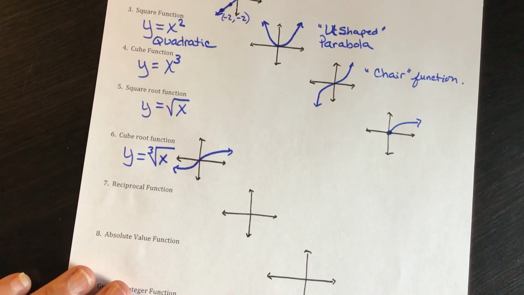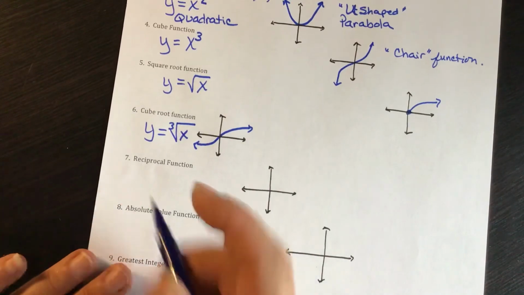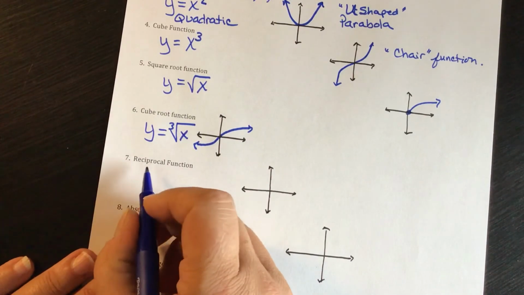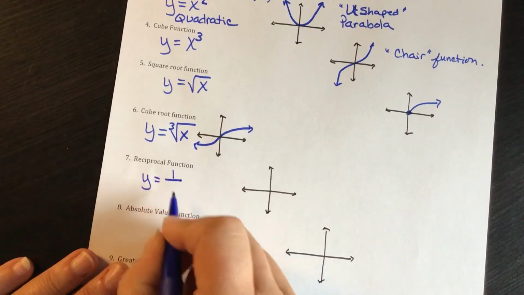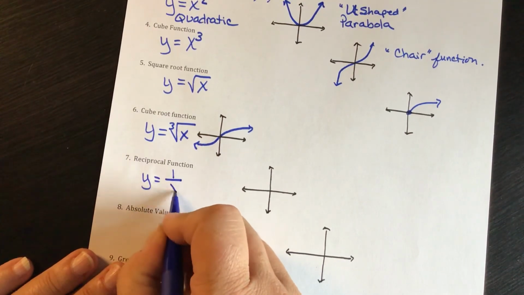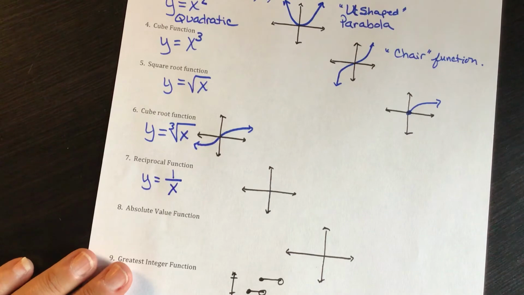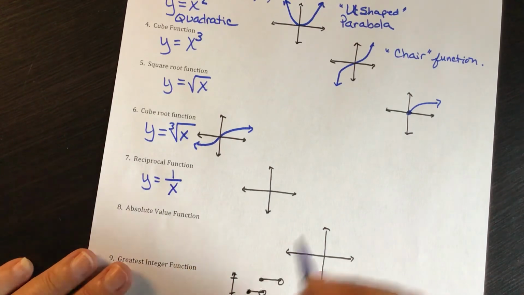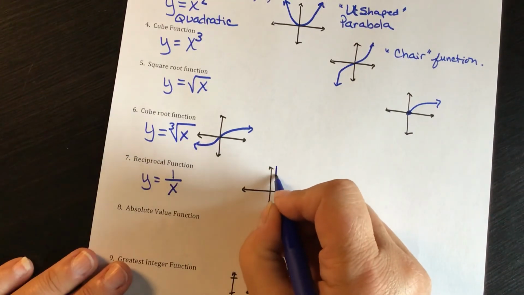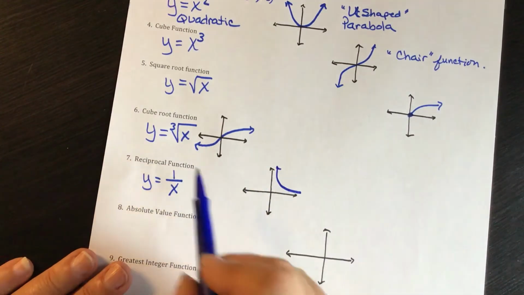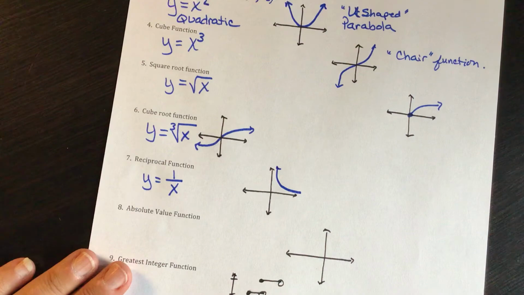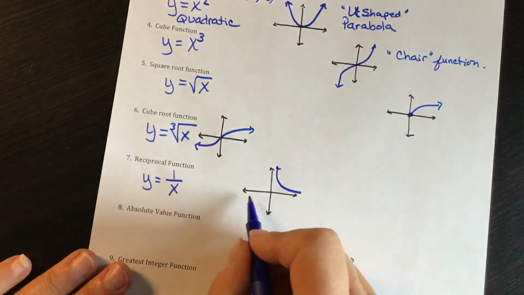Then we have a reciprocal function. So remember, a reciprocal function, or a reciprocal, is 1 over something. So if I have 1 over x, my graph is going to look a little bit different here because it's not going to be continuous like these other graphs are.